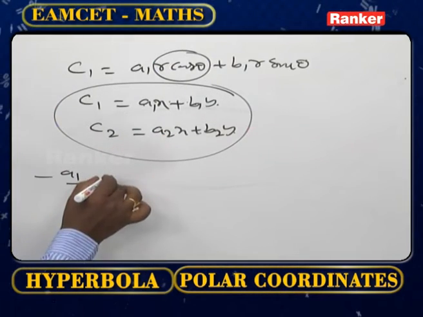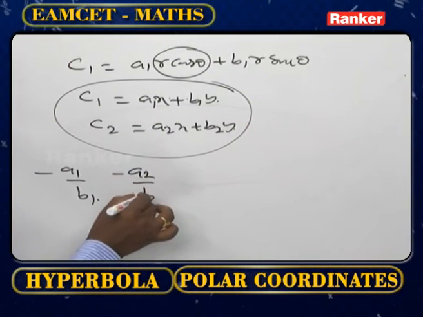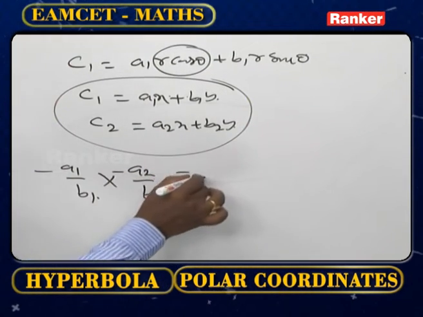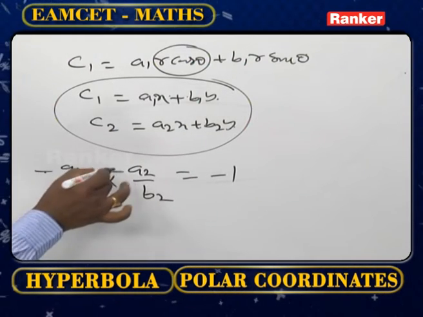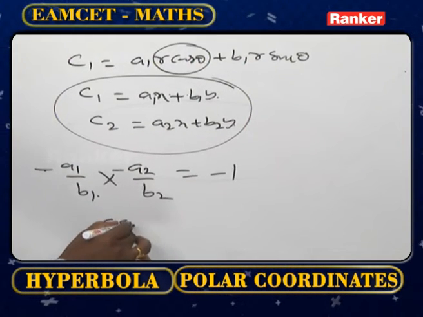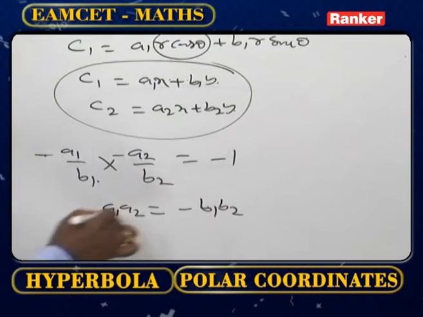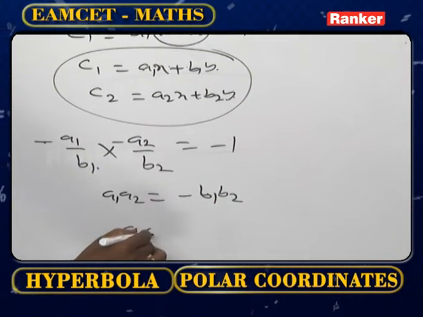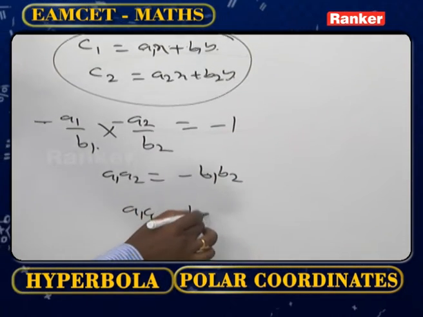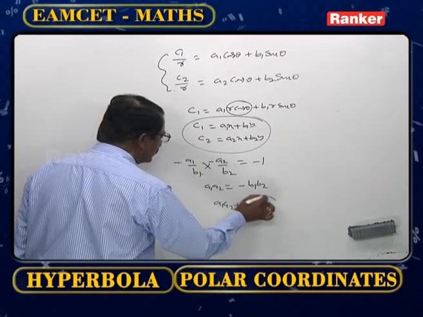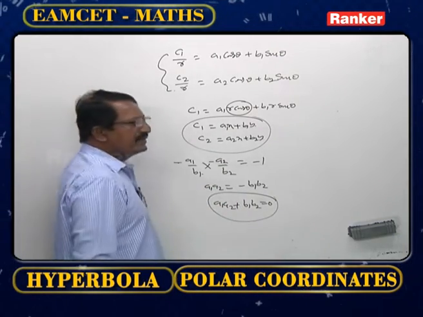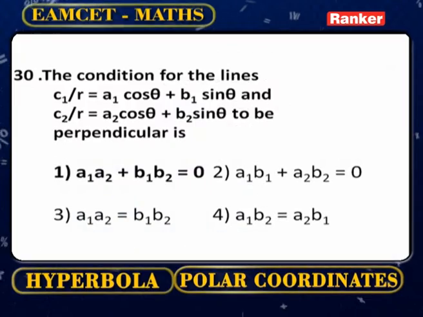Similarly, slope of the second line is minus a2 by b2. The product of slopes equals minus 1. Here minus into minus is plus, a1 a2 equals minus b1 b2, or taking minus b1 b2 to the left side, a1 a2 plus b1 b2 equals 0 is the required condition. First option.